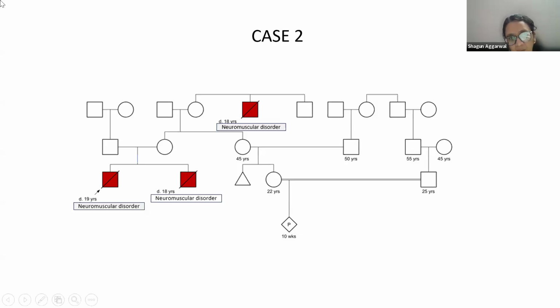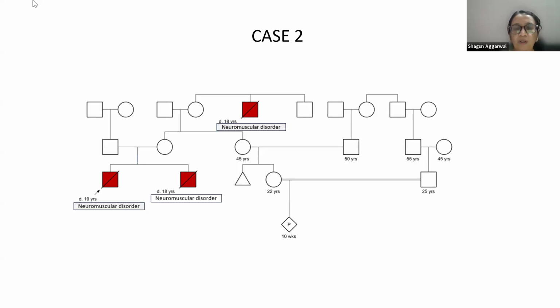This kind of transmission we call a Knight's move kind of transmission. It's not truly a vertical or a horizontal transmission. So all these clues put together, this looks like an X-linked recessive condition. That's the first point we are able to make out when we draw this whole three-generation pedigree.